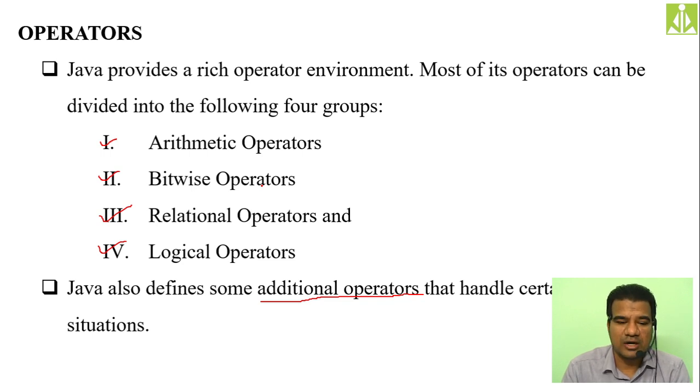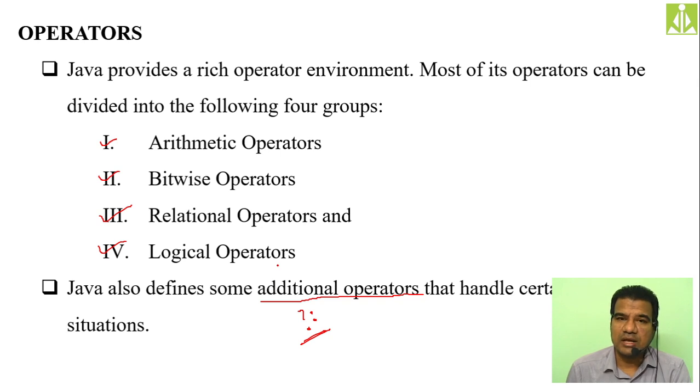Then binary operators: all arithmetic and bitwise operators are of type binary, isn't it? Binary means they will take two operands to perform their operation. Then we have the term conditional operator, question mark and colon. This particular symbol we use to represent the conditional operator. When we say conditional operator, it is a ternary operator, in the sense it will take three operands to perform its operation.